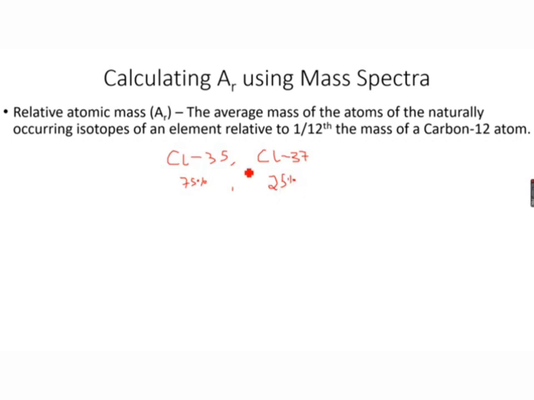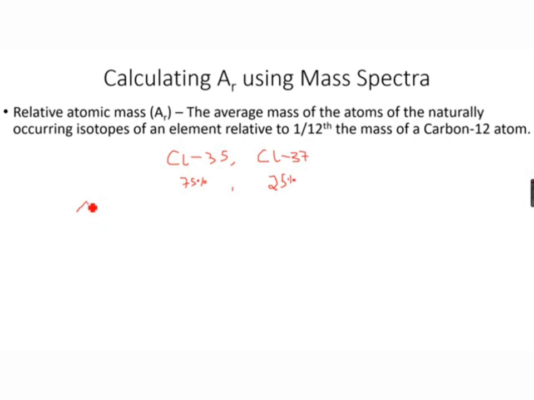The definition of relative atomic mass says that it is the average mass of the atoms of the naturally occurring isotopes of an element relative to 1/12 the mass of a carbon 12 atom. So basically, we have to calculate the average mass of these two, keeping in mind their relative abundances in nature.